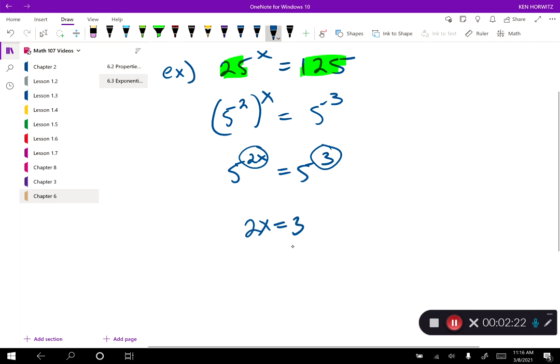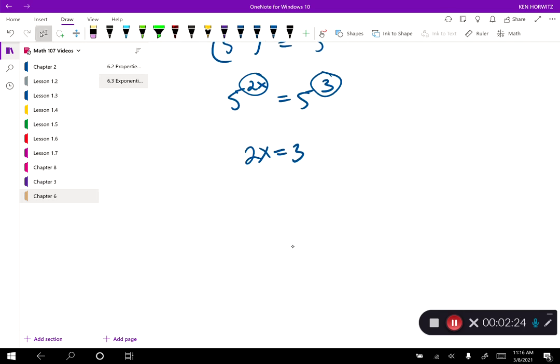And if 2x has to equal 3 in order to keep the numbers equal, then x has to equal 3/2. Again, it's called the one-to-one property, but it's really important that you understand that with the same base, the exponents have to be equal. So there's our first equation where we solved by making like bases.